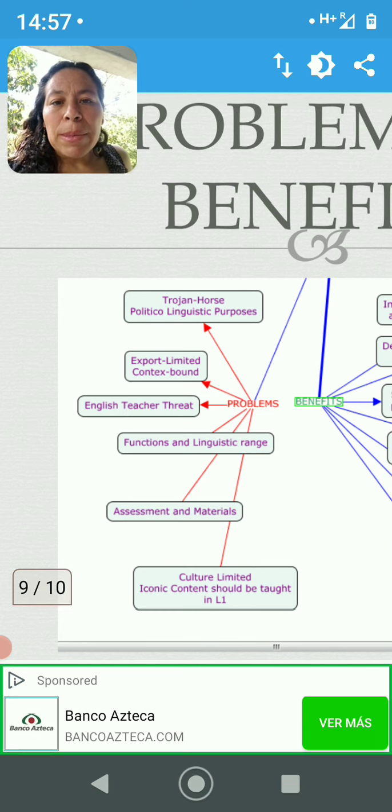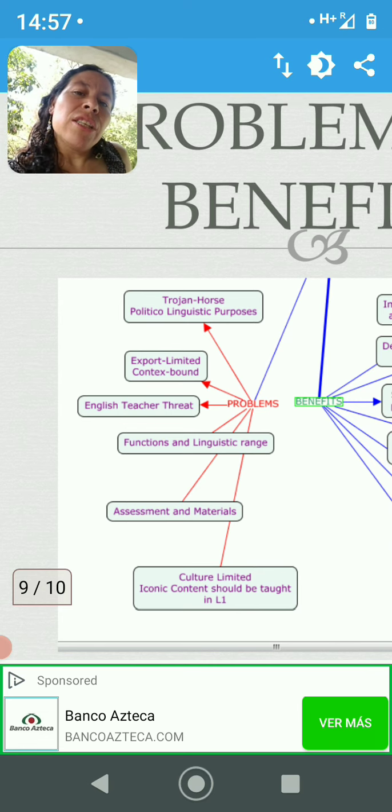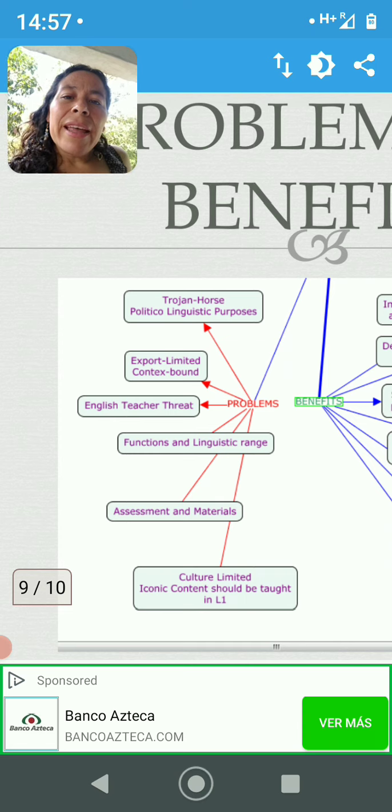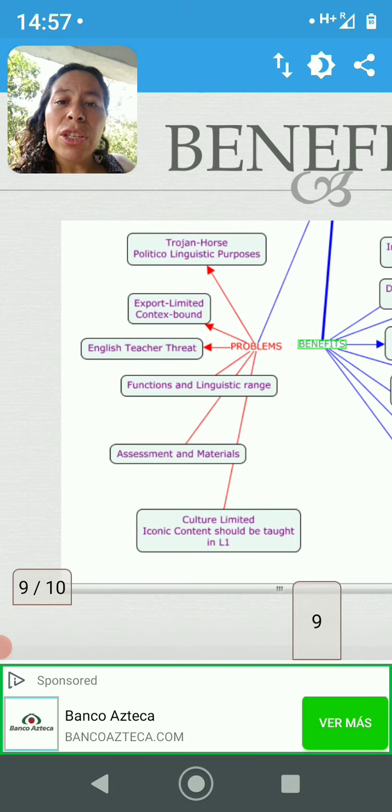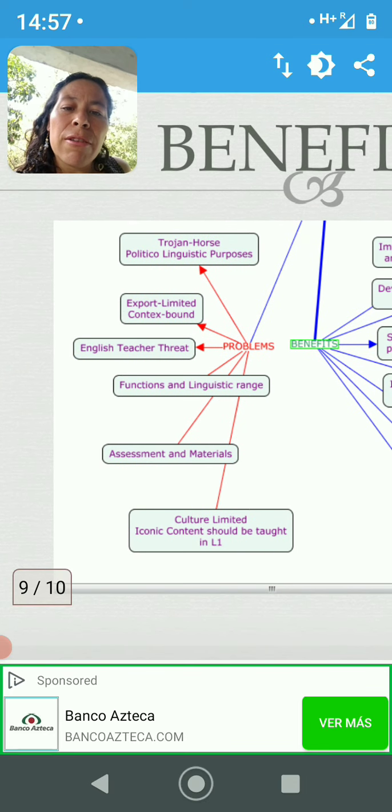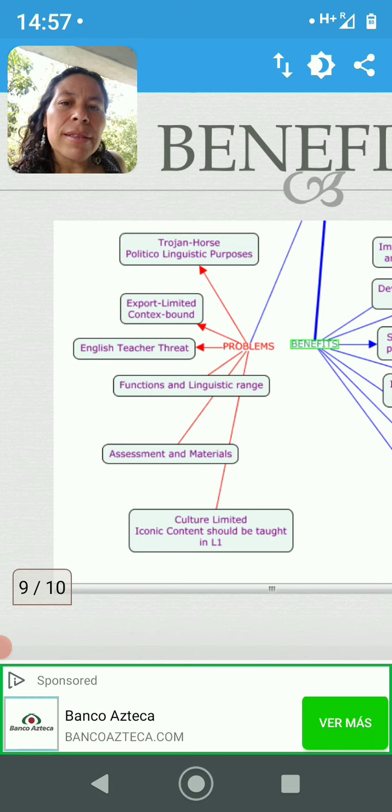English teachers sometimes see CLIL as a threat because content teachers are supposed to teach language. However, English teachers have a place because we need to work on linguistic accuracy, and it is said to have reduced functions because we use it for academic purposes, but we can develop also strategies to teach some practical pragmatic functions. And assessment and materials need to be checked.